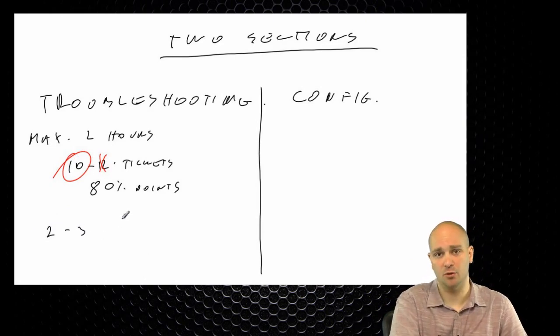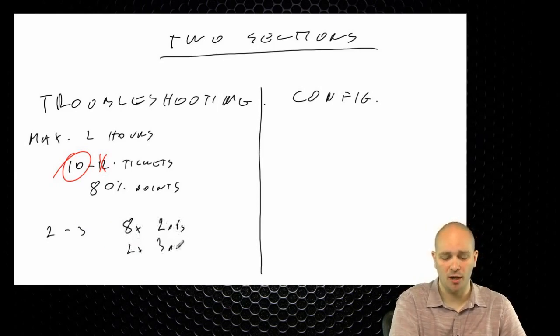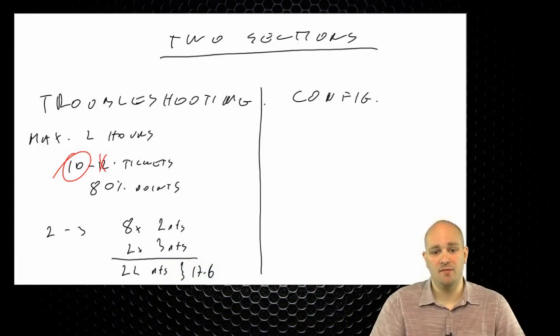The most likely layout is 8 tickets that are 2 points, and 2 tickets that are 3 points, giving you a total of 22 points. Now, 80% of 22 is 17.6.